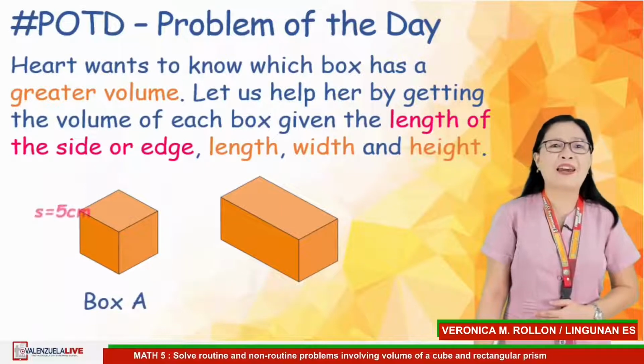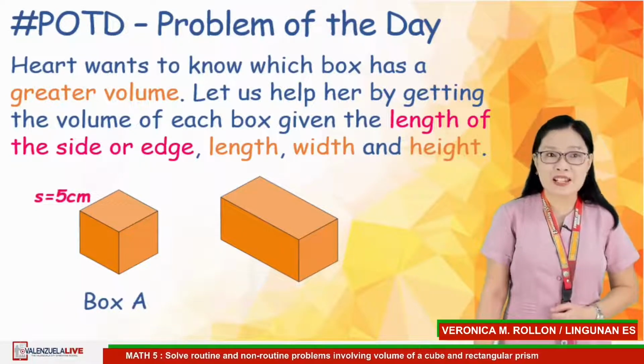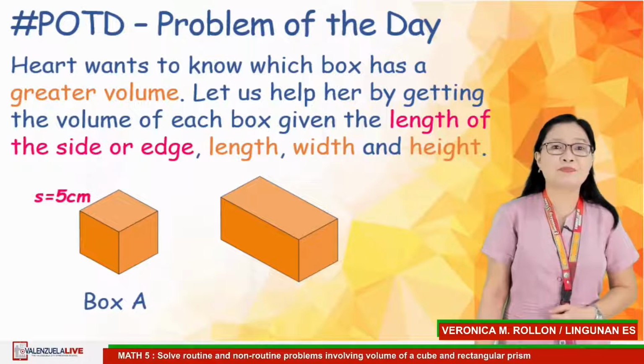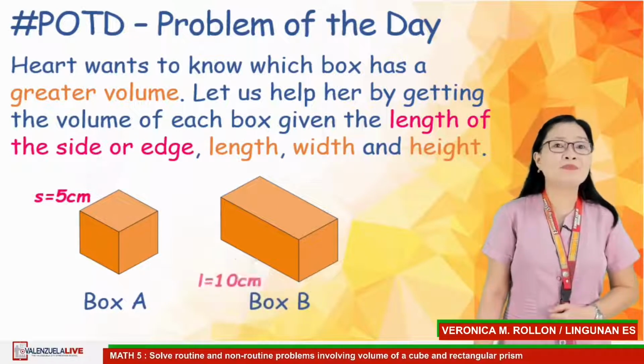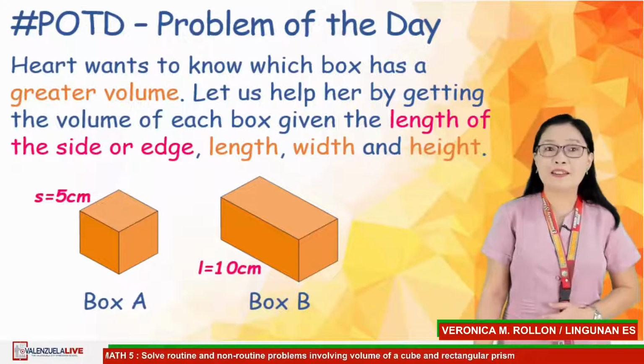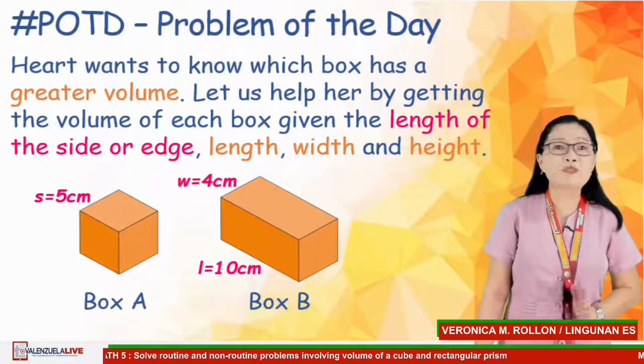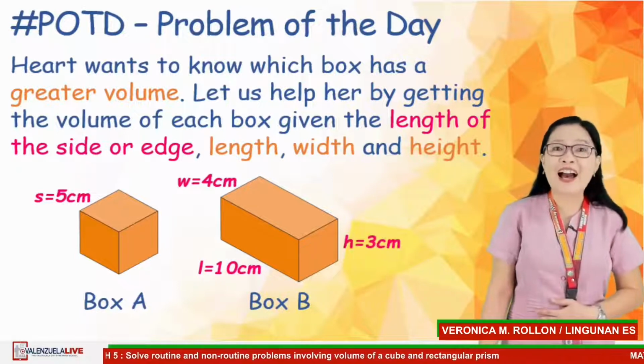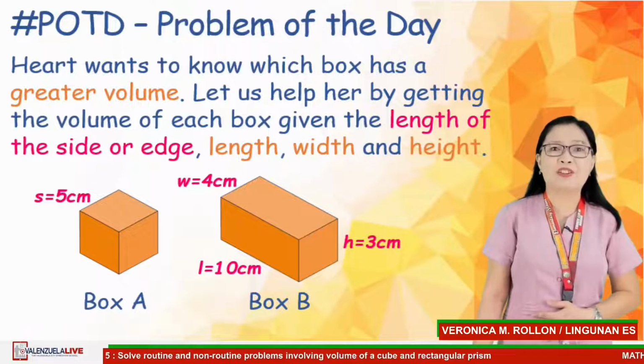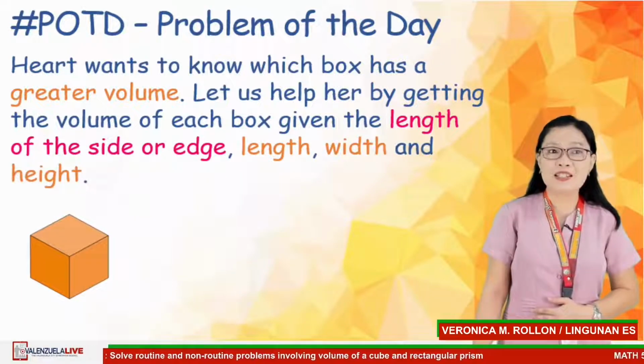For box A, the measurement of the side is 5 centimeters. For box B, the length is 10 centimeters, the width is 4 centimeters, and the height is 3 centimeters. Let's continue.